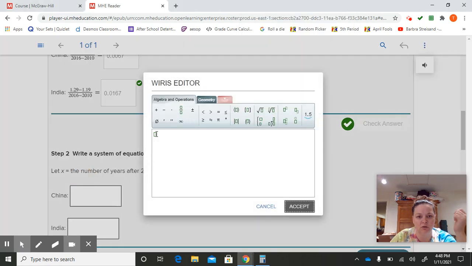So let me start that again. y equals 0.0067x plus 13.5072.